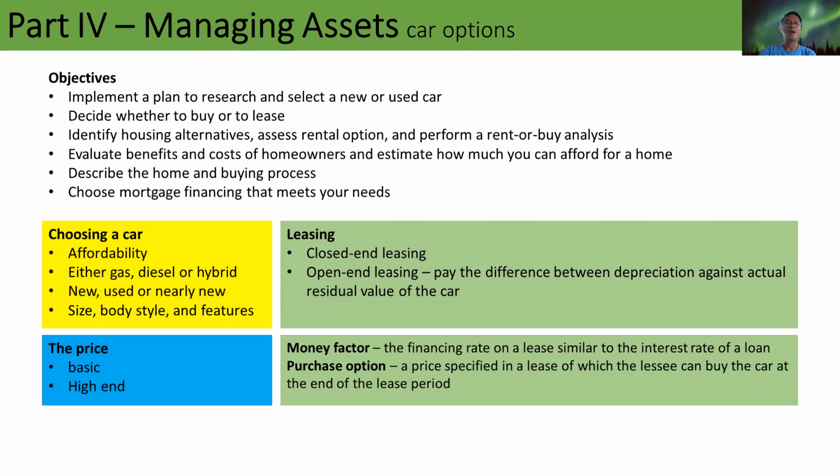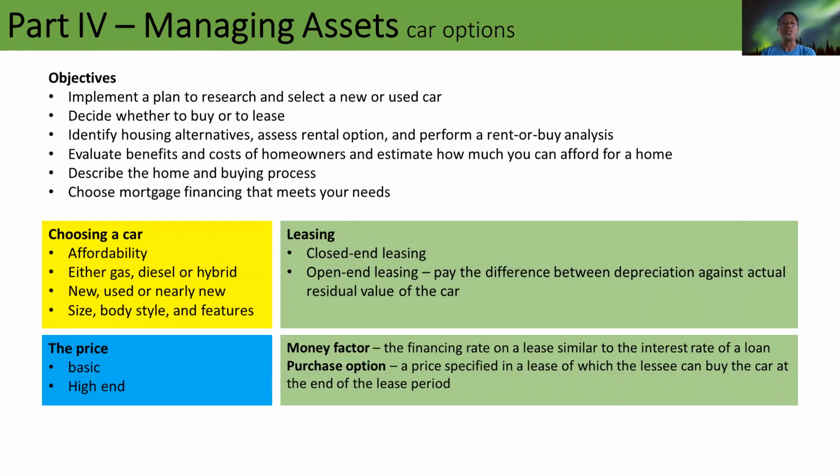Then identify housing alternatives, assess rental options, and perform an analysis on rent or buy. Then evaluate the benefits and cost of owning a house and estimate how much you can afford for a house or a home. Describe the home buying process and choose mortgage financing that will meet your needs.